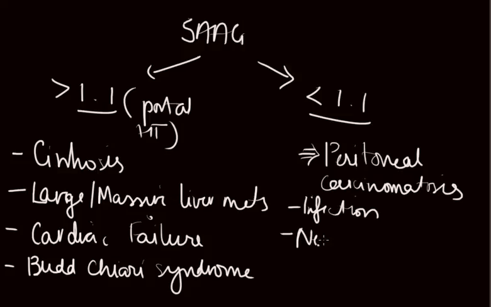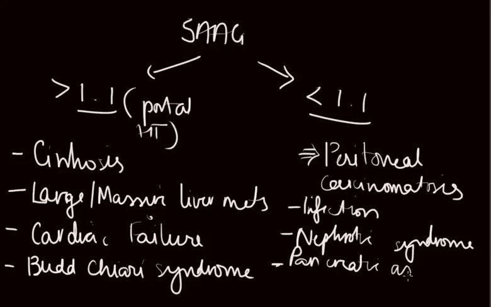Then you have nephrotic syndrome, which will lead to sequestration of fluid in the peritoneal cavity, but because it won't produce any portal hypertension, it will produce a low SAAG ascites. And you can also include pancreatic ascites associated with acute pancreatitis.